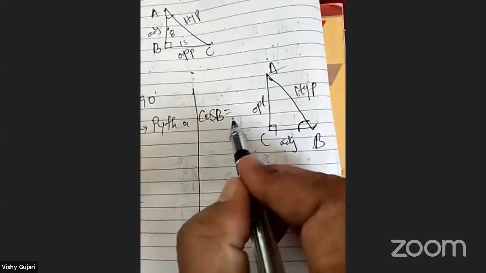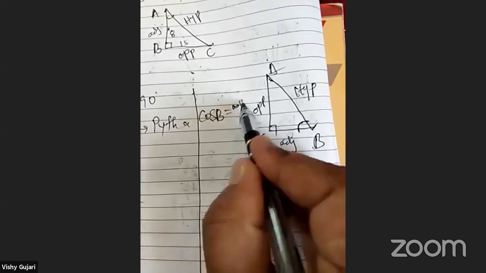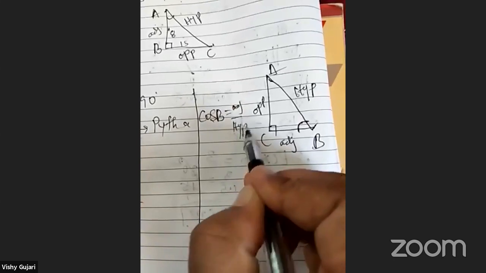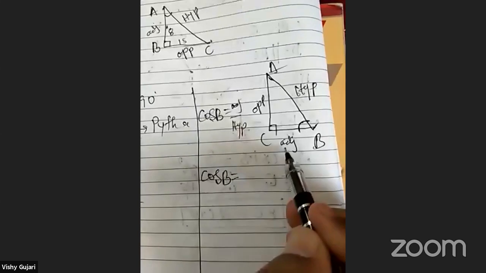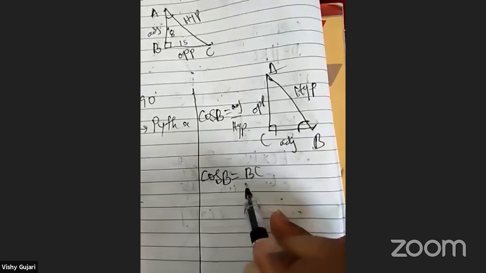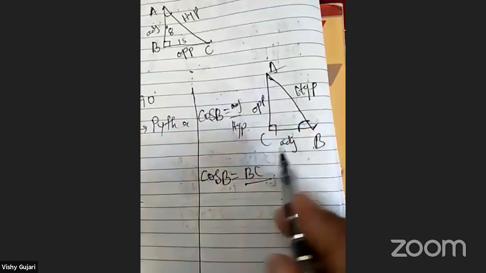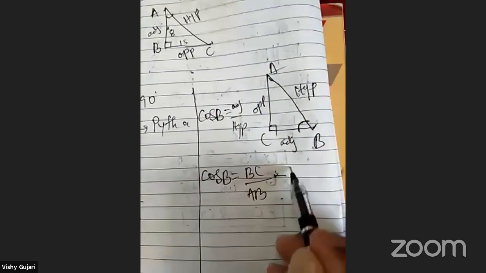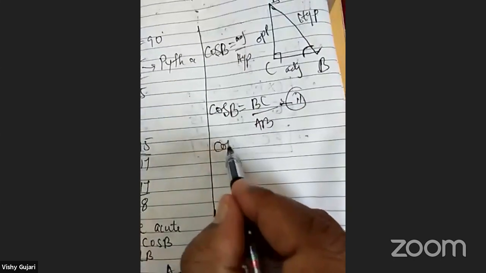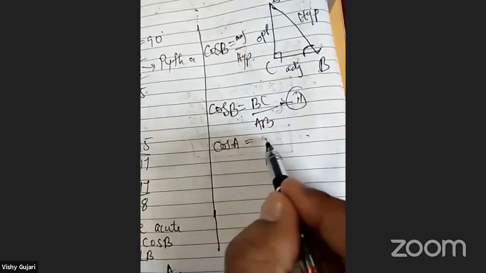Cos means adjacent by hypotenuse, that you know. Cos B is equal to, adjacent is now BC divided by hypotenuse AB. Call it as equation 2.